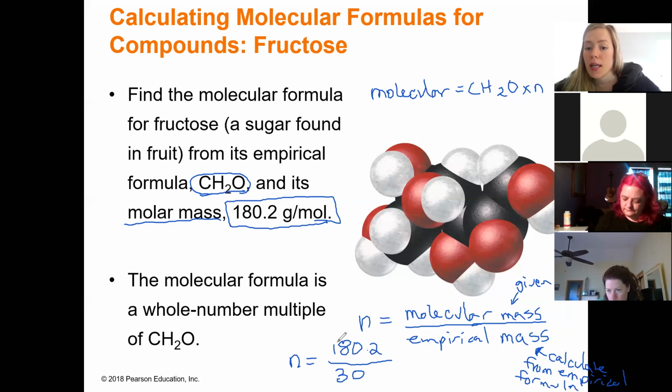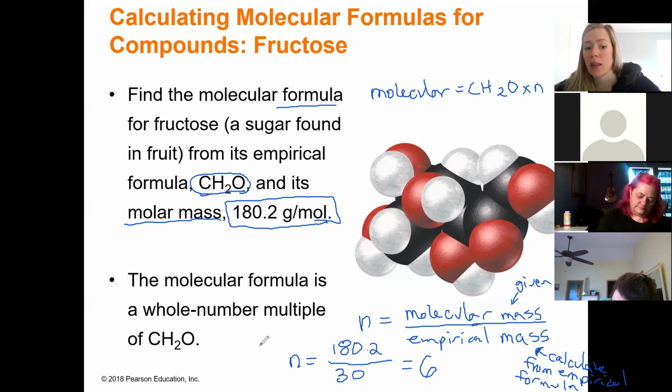So now we have an N value that's 180.2 divided by 30. And I get an N value of 6. So N for this equals 6. Now, what is that saying? It's saying that my molecular formula is 6 times as big as my empirical formula.